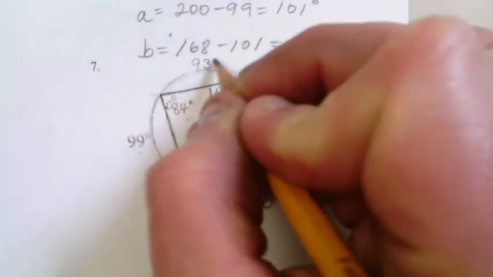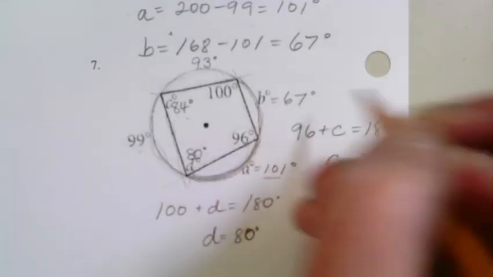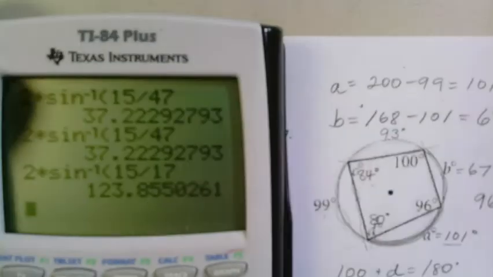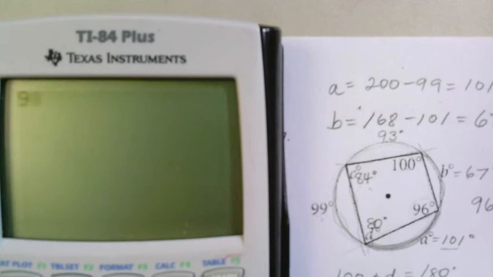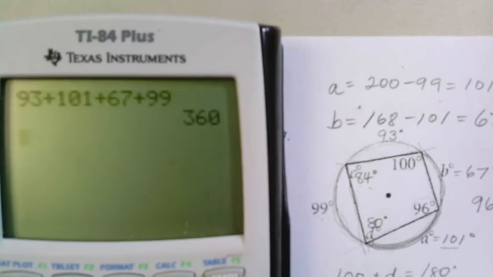Now here's the question: does this add up to 360 degrees? Let me double check it. If I add up 93 plus 101 plus 67 plus 99, 360 degrees. Boom.